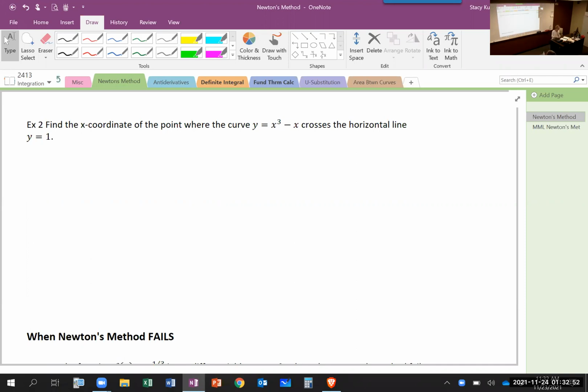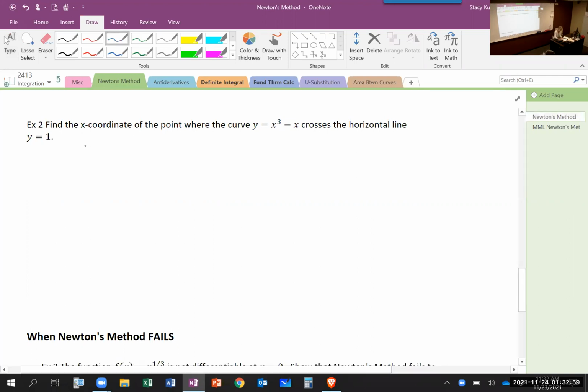Okay. So for here, we have our function, or our equation, I should say, which is equal to x cubed minus x, and we're interested in where it intersects when y is equal to 1.